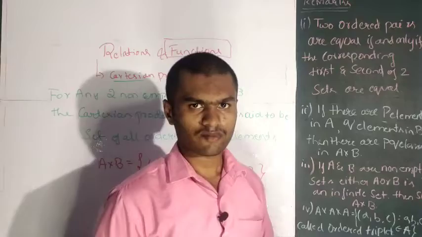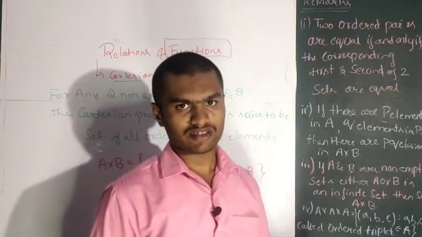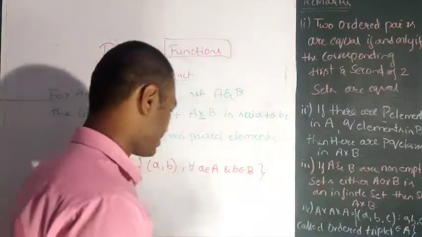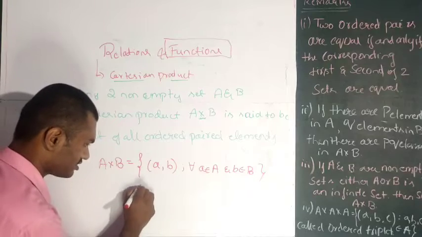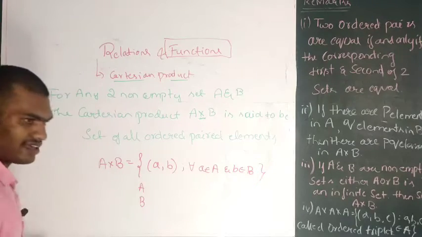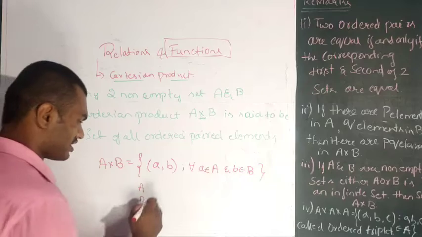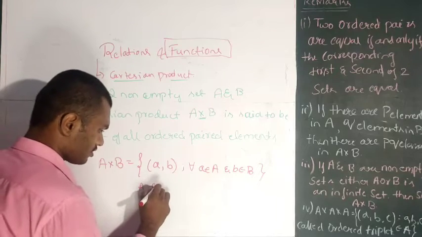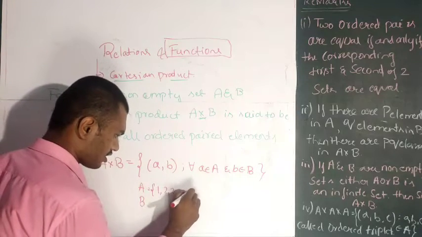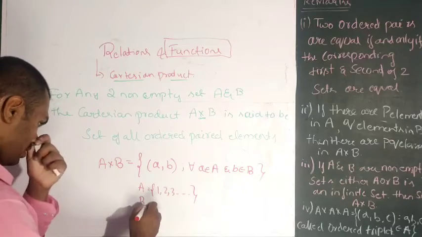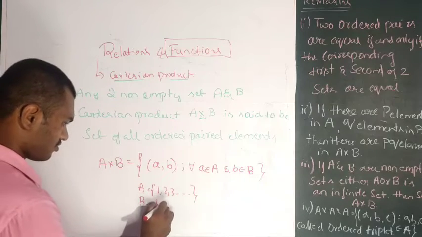Either A or B, any one of them should be infinite. So 1, 2, 3, and so on. I will take A as infinite, and I will take B as 4, 5.